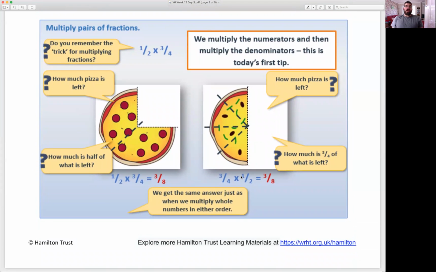If I've got some pizza, and I had this much pizza, which was 3/4 of the pizza, and I cut it in half, I'm finding half of 3/4. So what's this? It is actually 3/8.